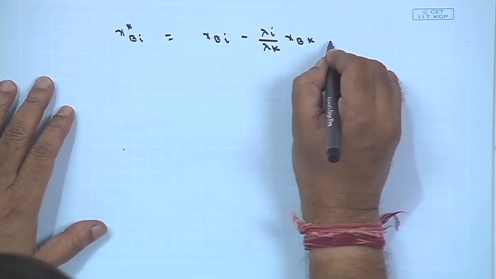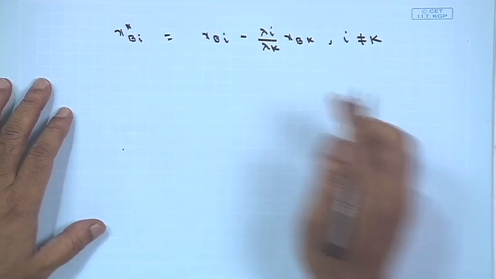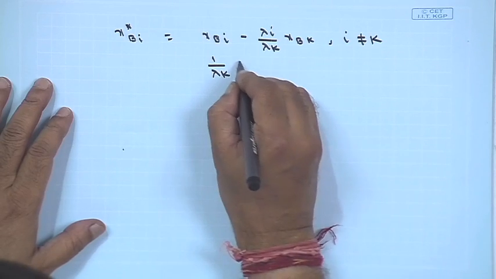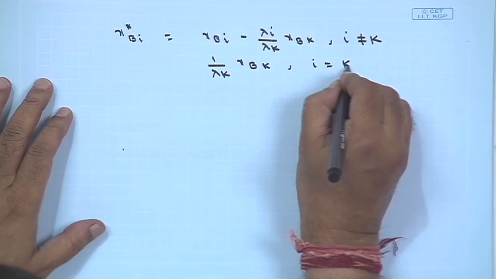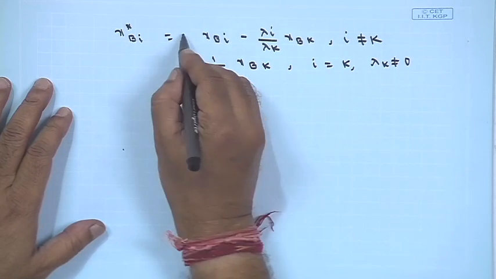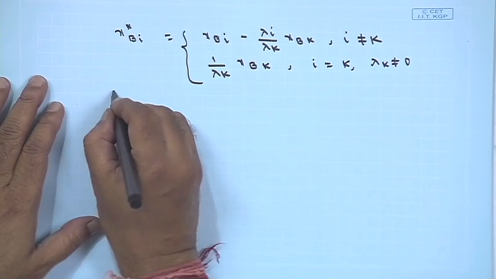Two things will come. This will come whenever I is not equal to k, and the second one will be 1 by lambda k into x b k, when I equals k, and of course lambda k is not equal to 0. So, x b star we are writing like this, but what is your lambda k?